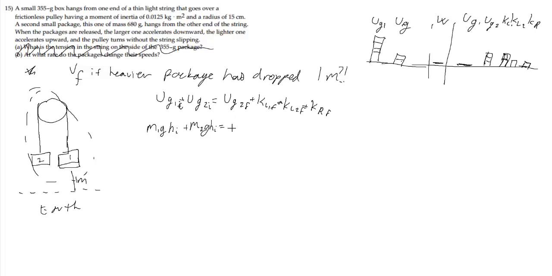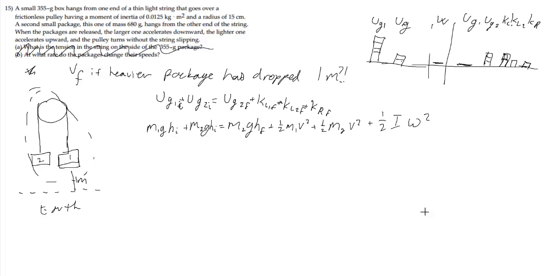And this is finally going to be m2 g h final, which is going to be twice h initial, because this will have gone down 1 meter, which means this will go up 1 meter, and so it's going to be twice the initial height, plus 1/2 m1 v squared plus 1/2 m2 v squared, notice these v's are the same, plus 1/2 I omega squared.